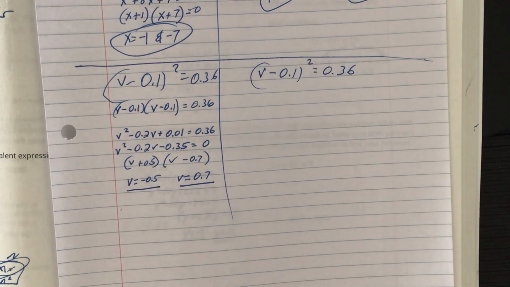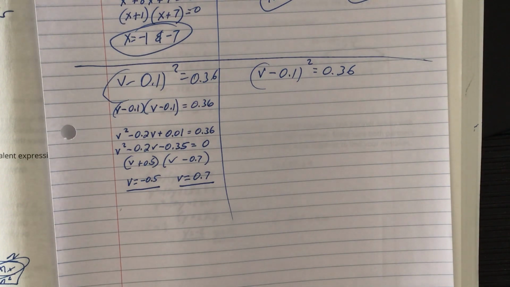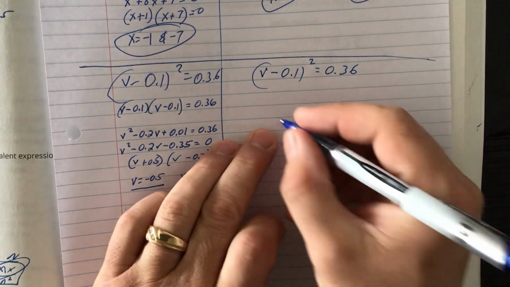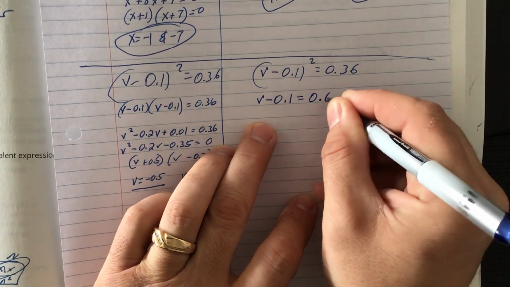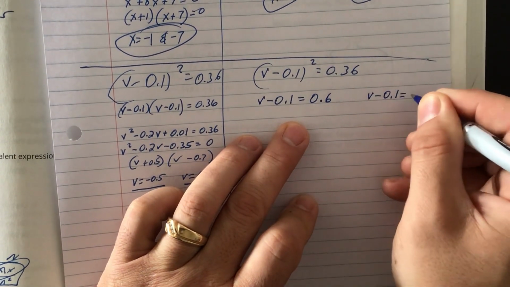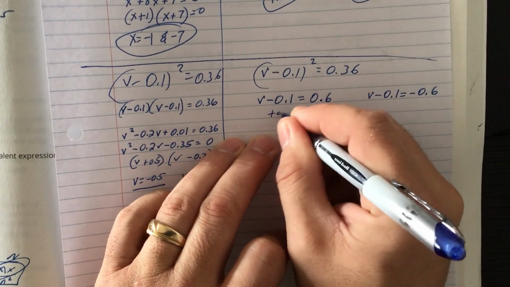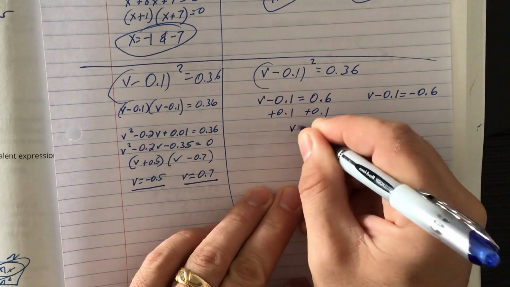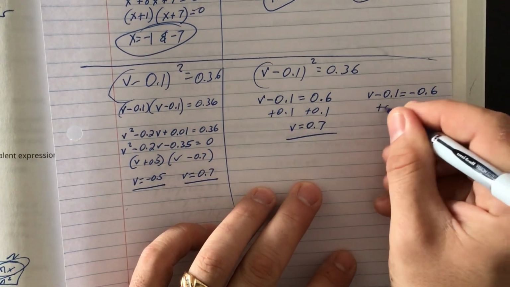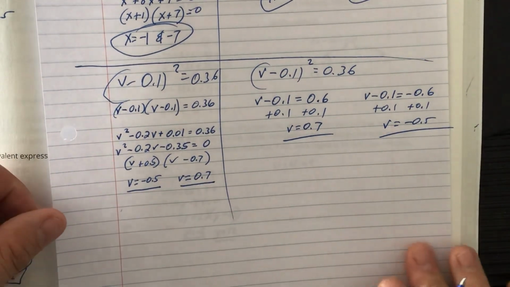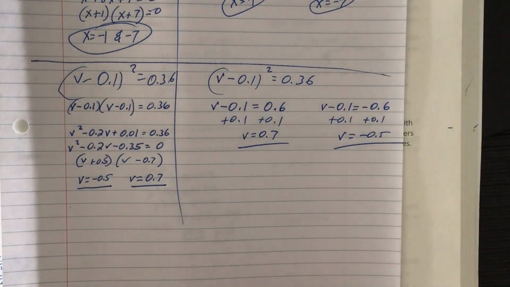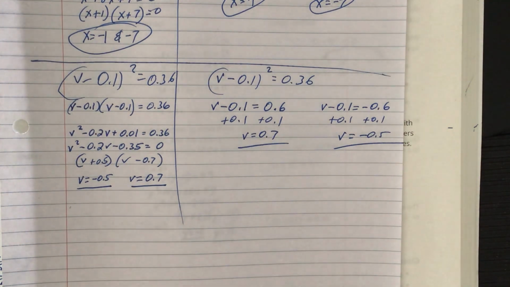Decimals, you can see, do make it a little trickier, but the process is exactly the same. Same with fractions. And again, you should get the same answers.